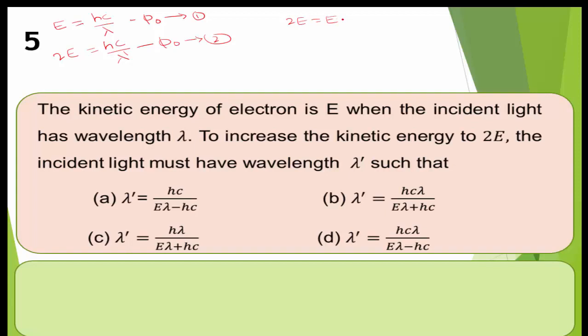Now compare these equations. 2E minus E is equal to hc divided by lambda dash minus hc divided by lambda.